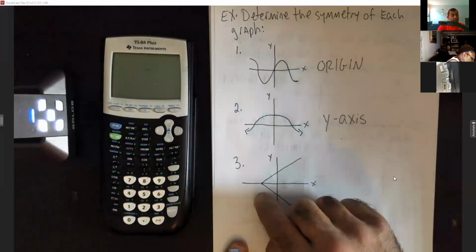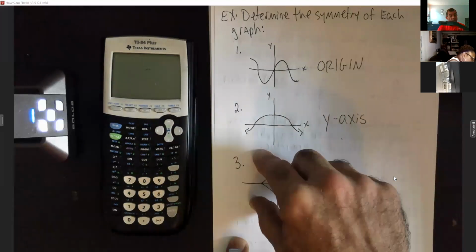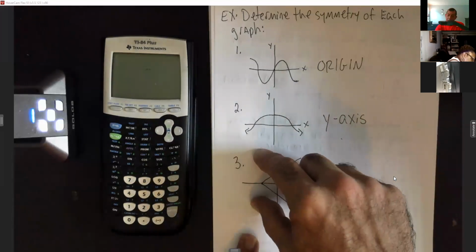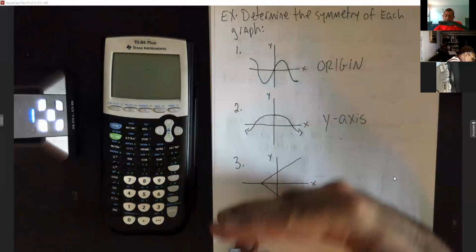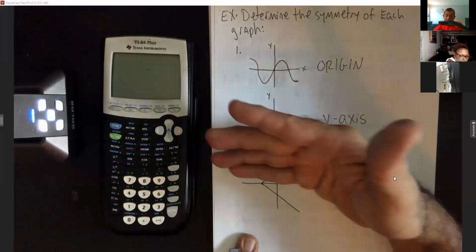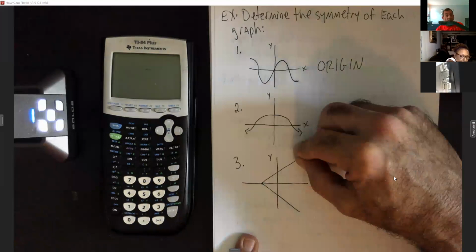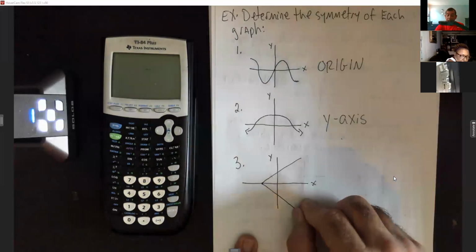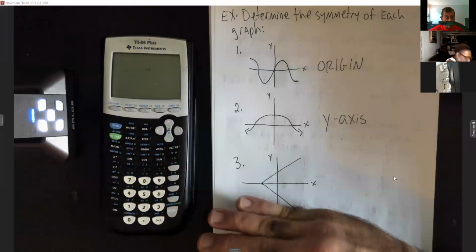So it's not hitting the graph, so that's not to the Y. Then I would check it over to X. Oh, look at that. When I fold it over the X-axis, this line lands right exactly on that line right there. So it is definitely symmetric to the X.